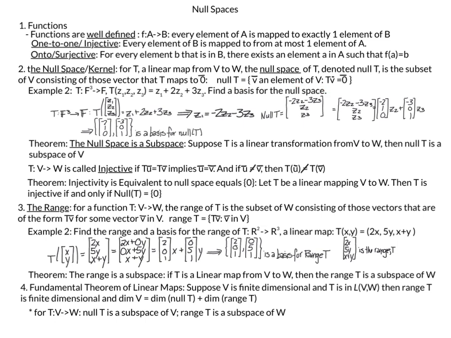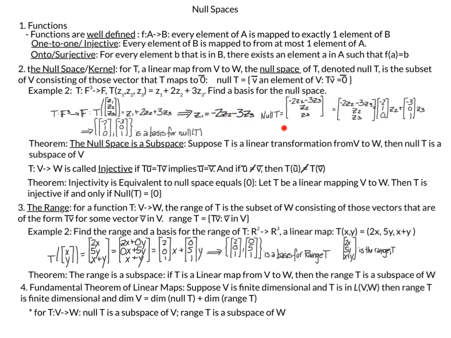So first we look at our mapping. T takes our Z1, Z2, Z3 vector and maps it to a single scalar, Z1 plus 2Z2 plus 3Z3. If we set this equal to 0, that gives us the condition that Z1 must equal minus 2Z2 minus 3Z3.